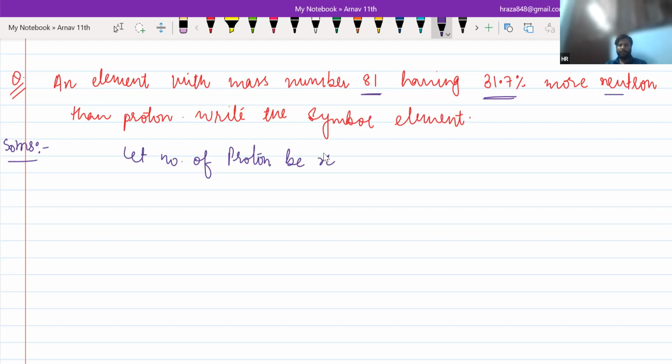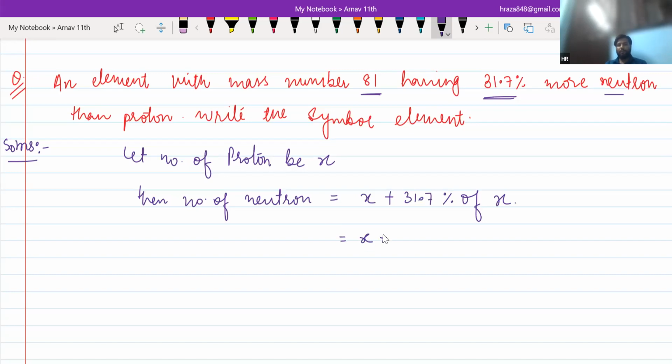Wait a minute. Is something going on? Okay. Number of protons be x. Then the number of neutrons, according to this statement, is 31.7% more than protons. Whatever the proton number is, neutrons will be 31.7% of protons more.